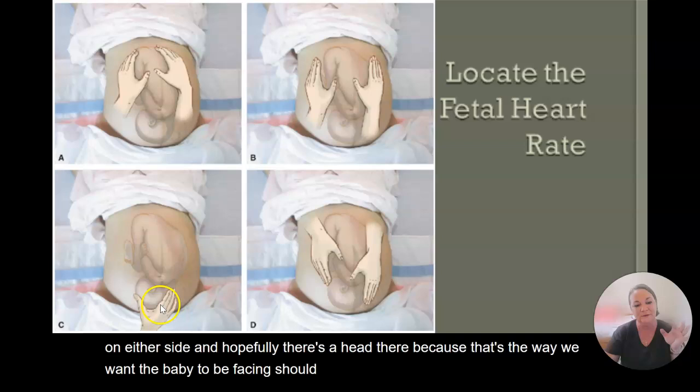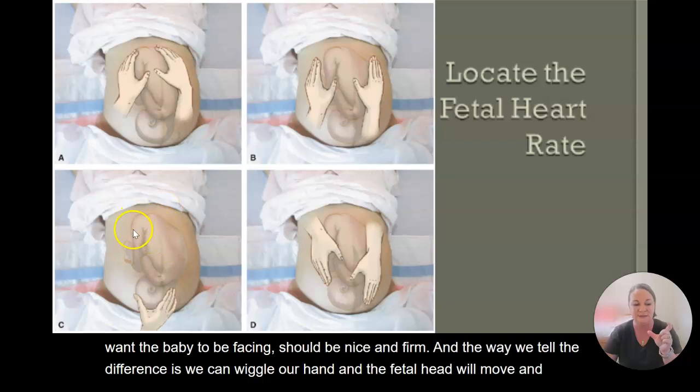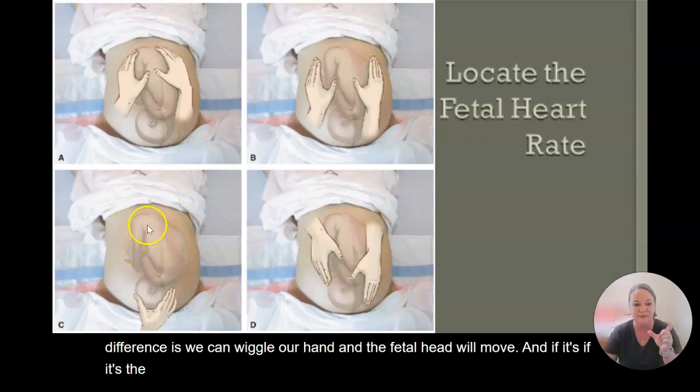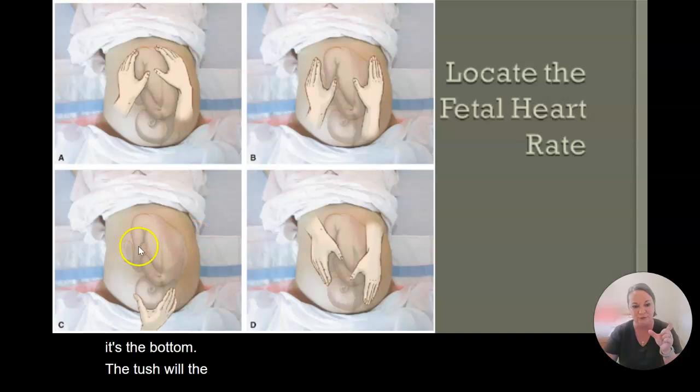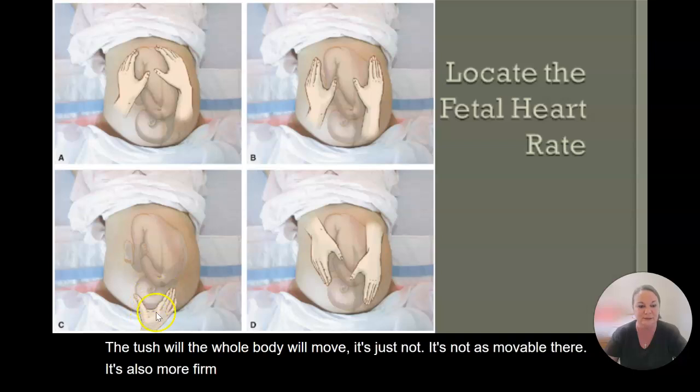Should be nice and firm. And the way we tell the difference is we can wiggle our hand and the fetal head will move. And if it's the bottom, the whole body will move. It's not as movable there. It's also more firm when the presenting part is the head.